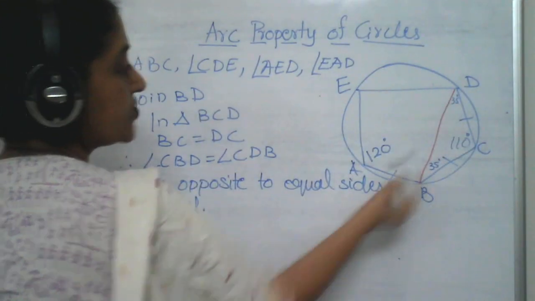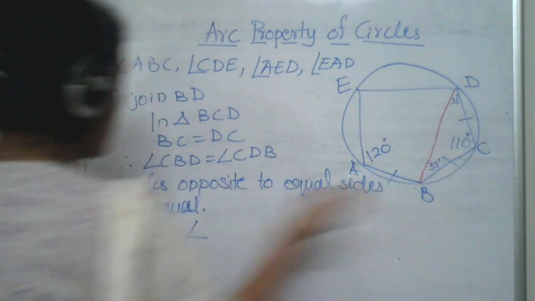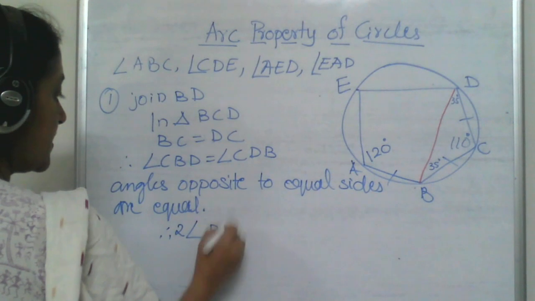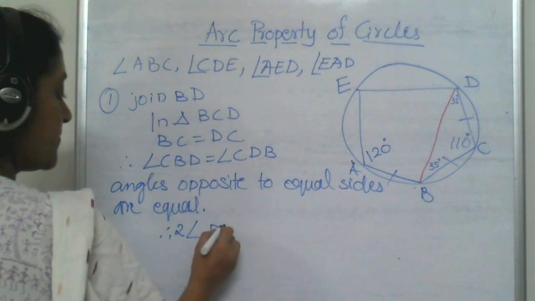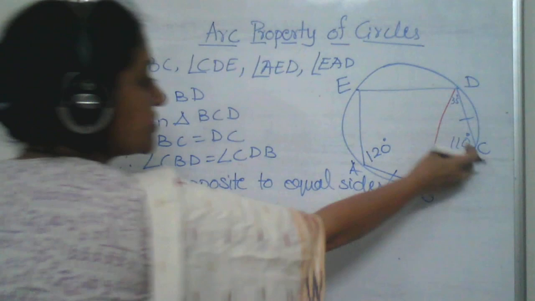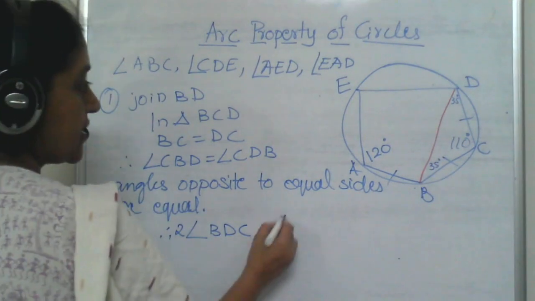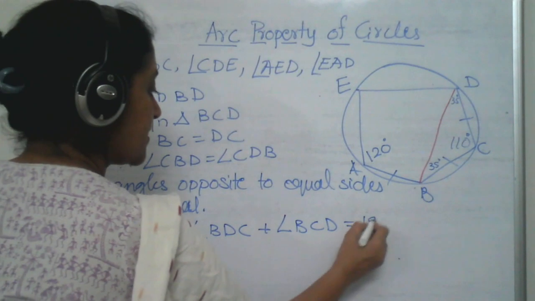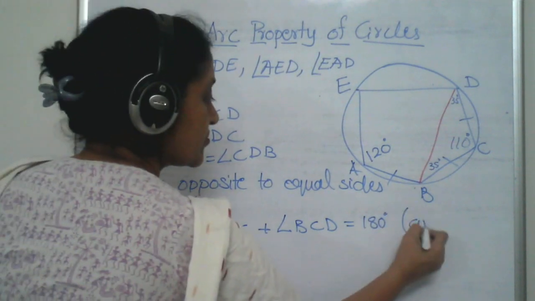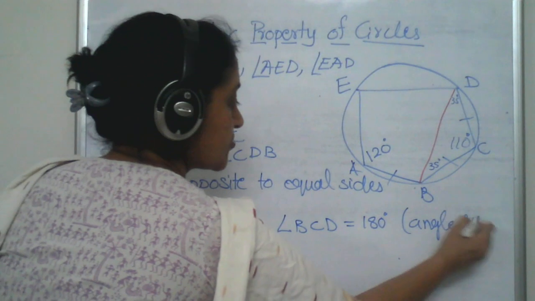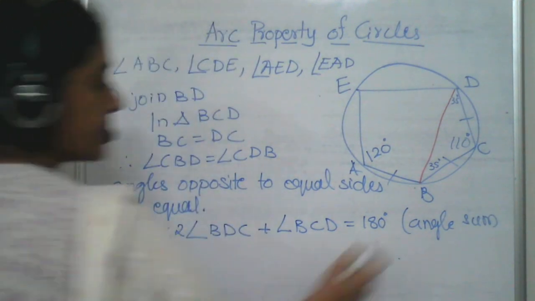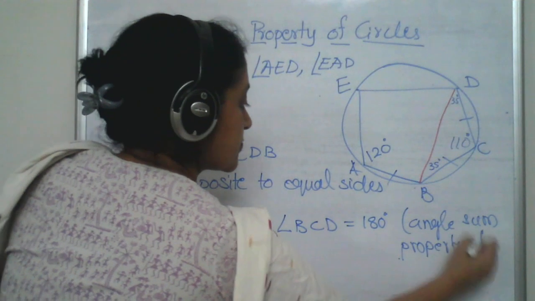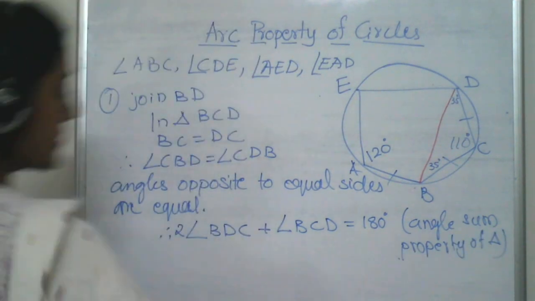So I will be writing that 2 times BDC, or CDB, both are same, plus this vertex angle, angle BCD, is equal to 180 degrees. Why? Angle sum property of triangle.